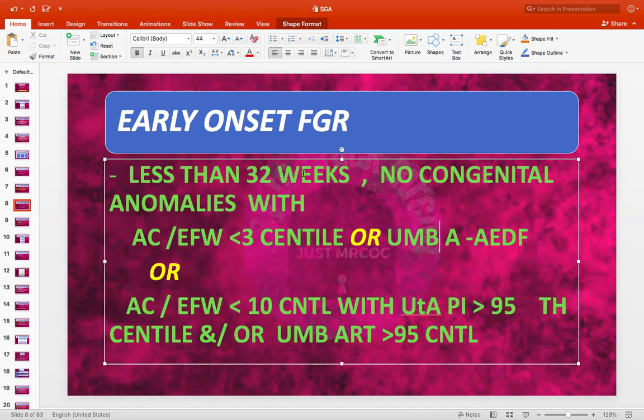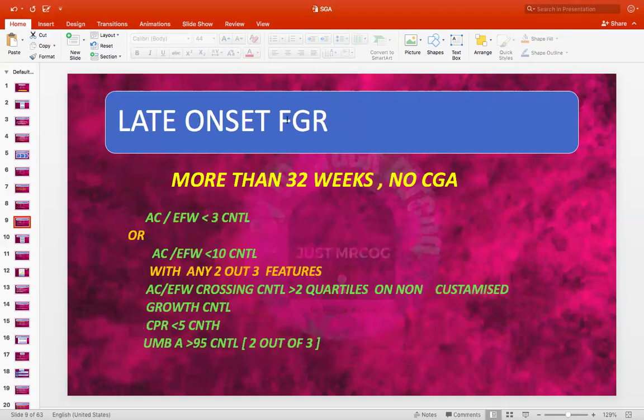So this is consistent, either this or this or this. And this is always with an extra Doppler feature. Always remember, less than 10th centile is always with extra Doppler features. Late onset is when it is more than 32 weeks, no gross congenital anomaly.